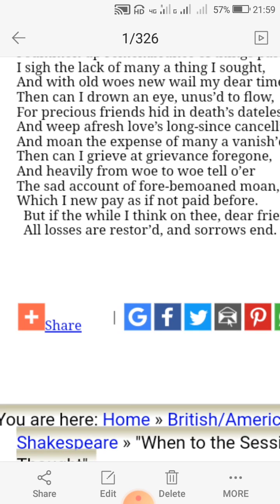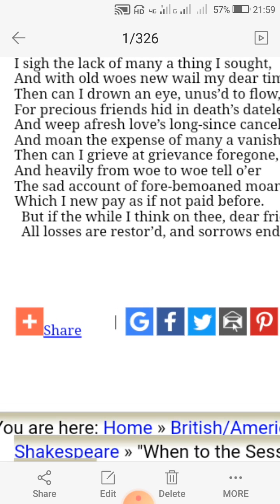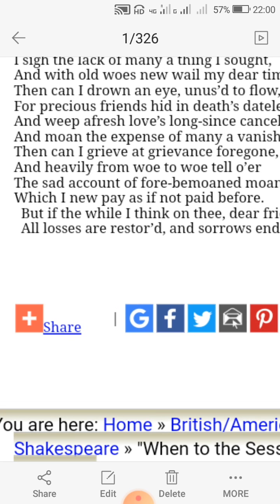The sad account of fore-bemoaned moan, which I new pay as if not paid before. But that unsuccessful past is making him sad again, just like he has not paid his loan of the past, and now he has to pay it in full. So is the case with the poet. The speaker is so sad to remember the past that he is wasting his present also.